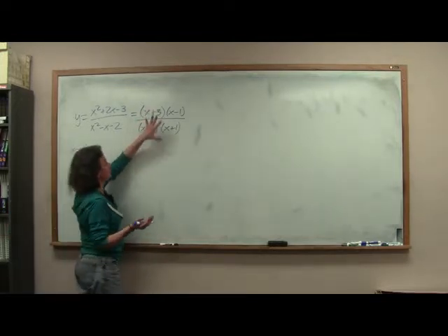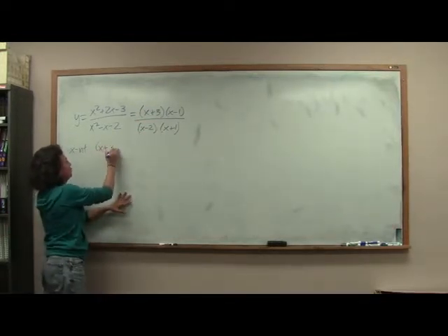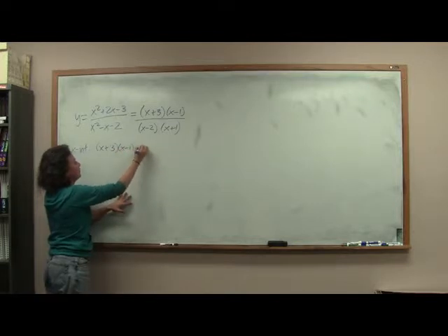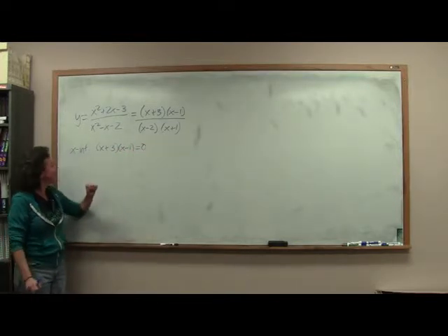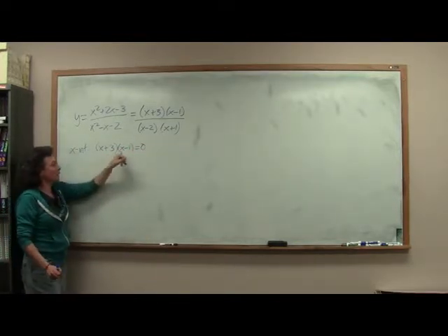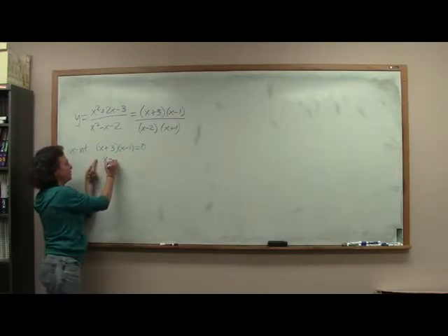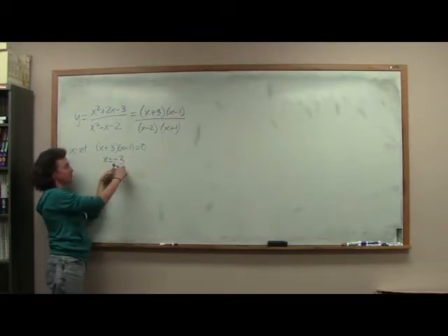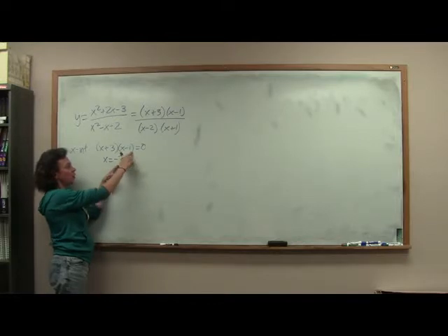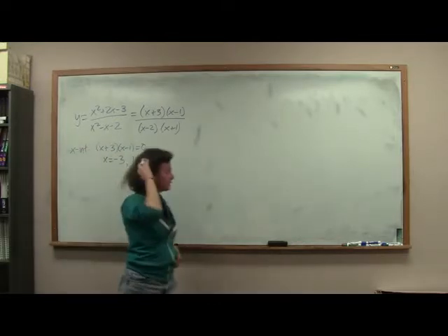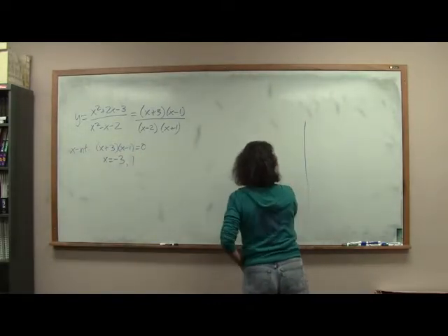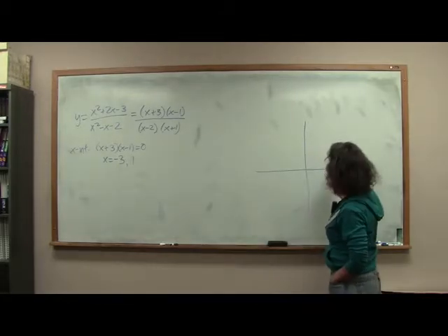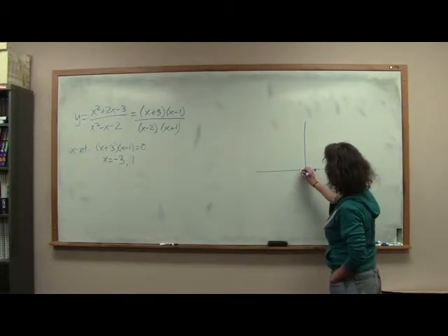A fraction is only equal to 0 if your numerator is equal to 0. Aren't you glad we factored this? Okay? Well, I got the product of two things equal to 0, so I claim either my first one's 0, or x is negative 3, or my second one is 0, x equals 1. So here we have two x-intercepts.